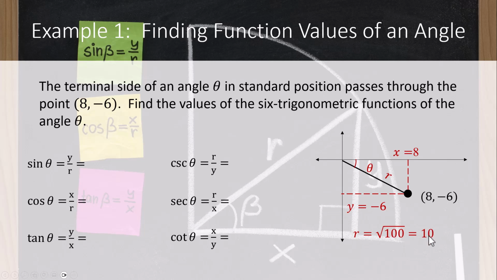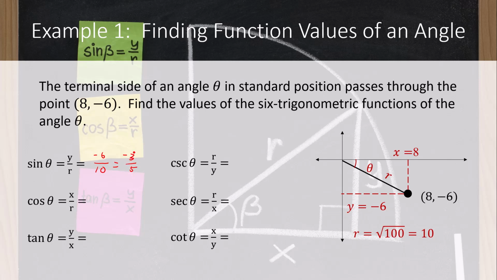So in this case, r is equal to 10. So the question here is, what is sine theta? Okay, well, sine theta is going to be y, which is -6 divided by 10. Okay, we can go ahead and reduce that into -3/5.